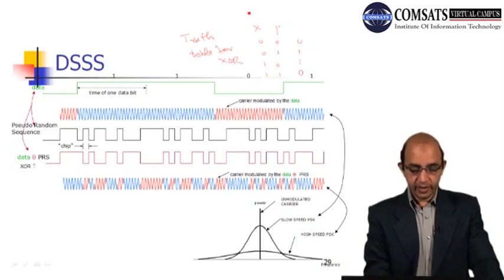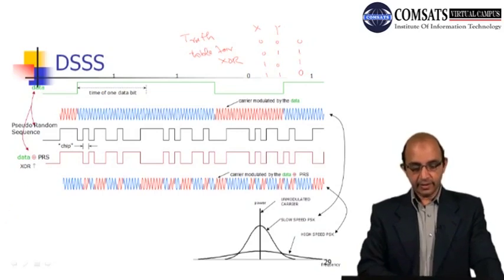So I can also mention this. Let's apply the truth table over here. This is the pseudo random sequence, so see 0, and here we have 1, this is 1.